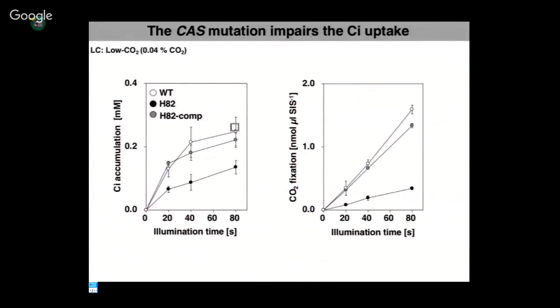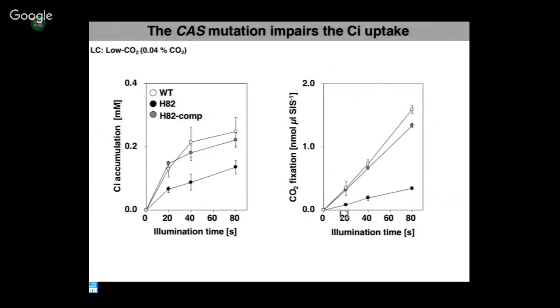Wild type accumulates, but the mutant only reaches half of the level of accumulation. So CO2 fixation is affected by the lower uptake rate. This measurement uses carbon-13 bicarbonate to see how the carbon is incorporated into the cell.